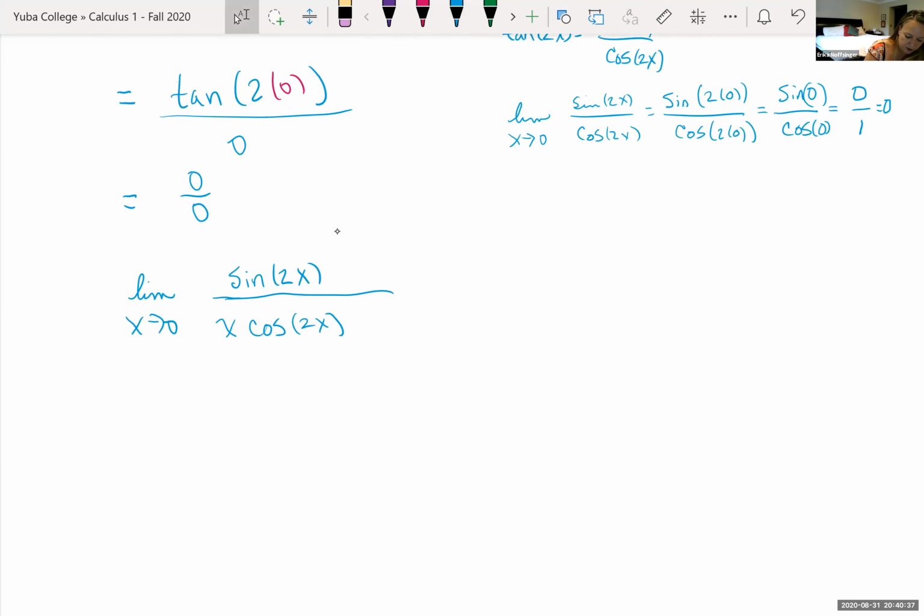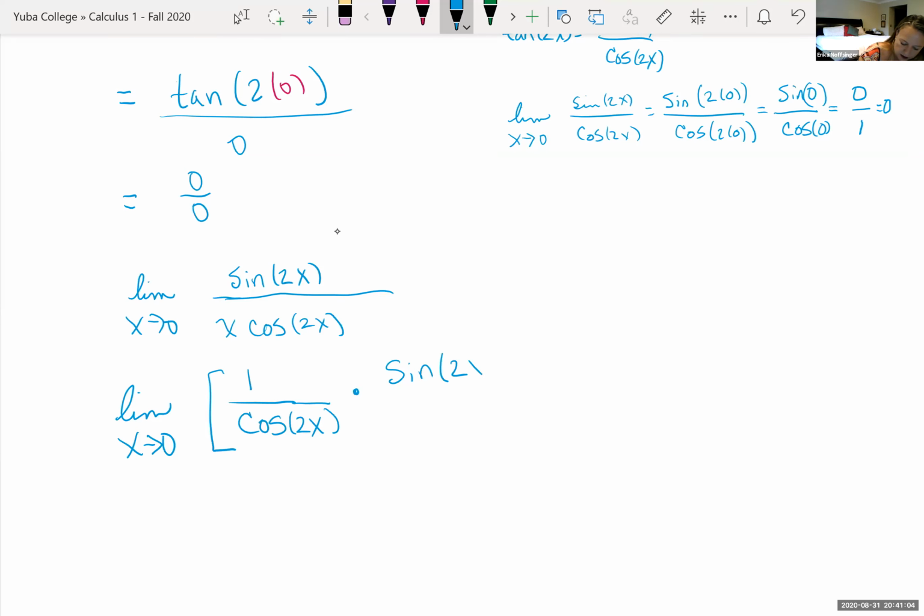So if I wrote this as the limit as x approaches 0, I'm trying to manipulate this to use that theorem, sine of a constant times x over the same constant times x. So let's write it as 1 over cosine of 2x, all times sine of 2x over x.